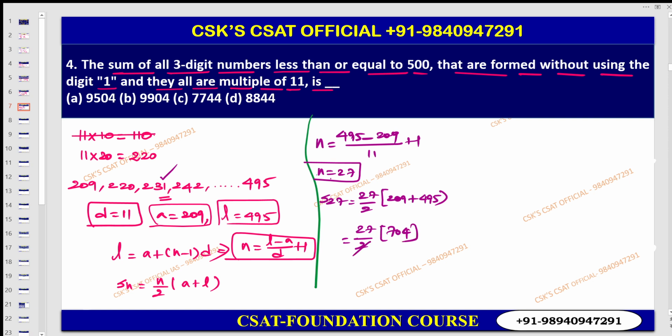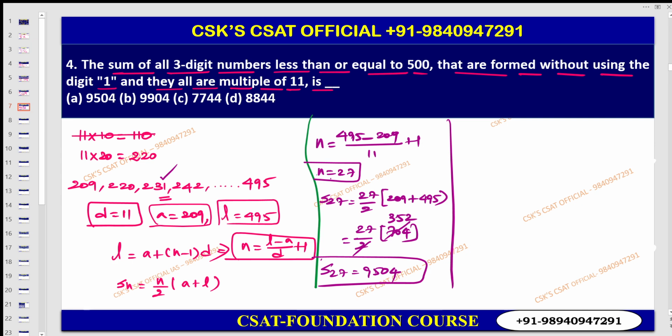If you divide this, you will get 352, and if you multiply this, that option is also there in the answer, but that is not right. In every situation, if you do this, you will be marking a wrong answer.